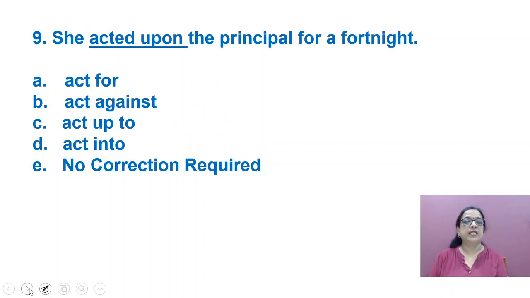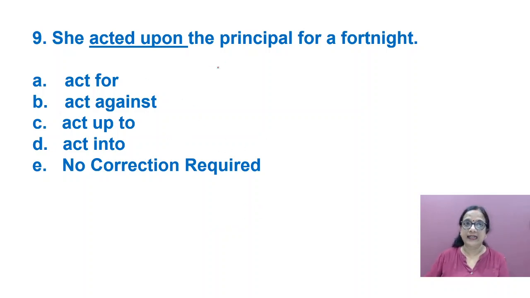Next one. She acted upon the principle for a fortnight. Now, the previous sentence only you did. Now, acted upon means obey. So, this is entirely wrong. Acted for, act against, act up to, act into. No correction required. So what will be the answer?